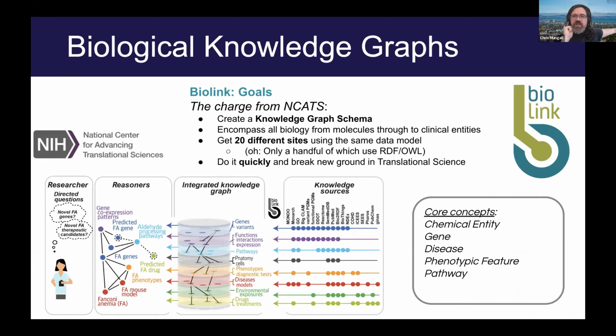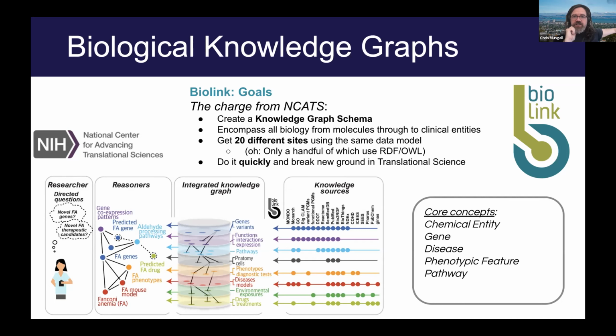One of the main drivers for LinkML was building knowledge graphs. As part of the NCATS, National Center for Advancing Translational Sciences project, we had a charge to create a schema that would unify a number of different groups building biological knowledge graphs. This is about 20 different sites.